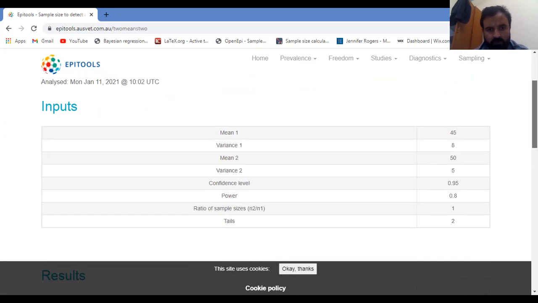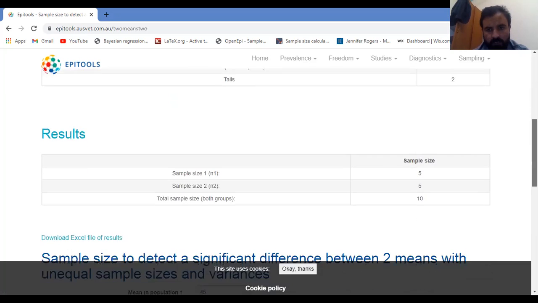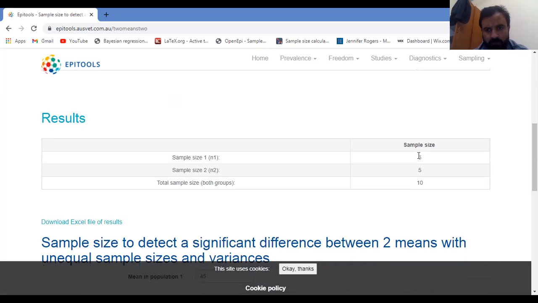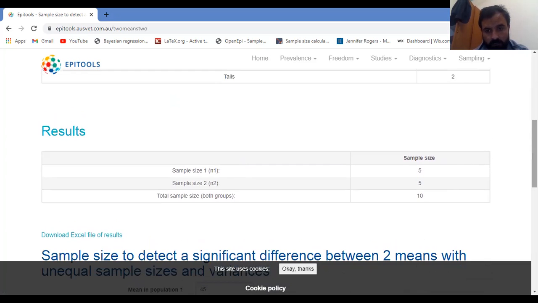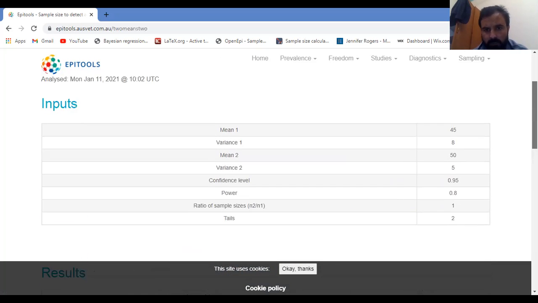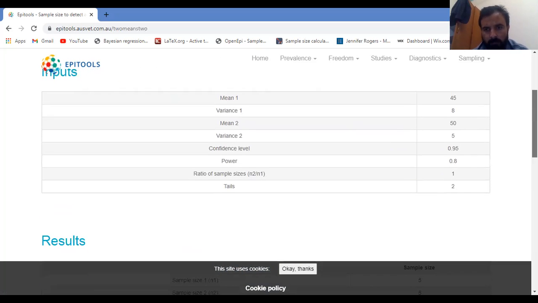These are the inputs we entered, and the outputs are 5 in each group as the ratio of sample sizes is taken as 1. If you want to select more units from group 2, then you can take this ratio greater than 1.